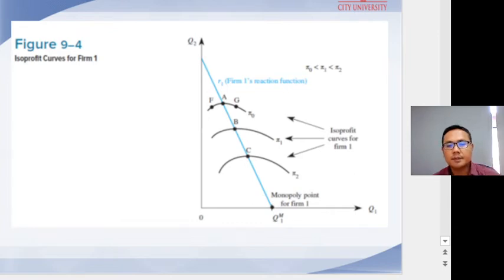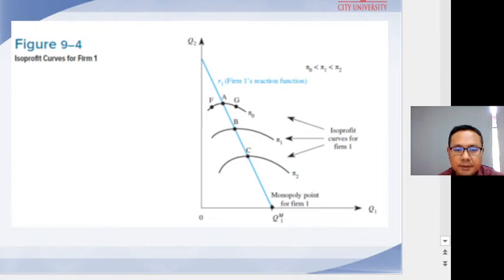Firm profit. Recall that the profit of a firm in an oligopoly depends not only on the output it chooses to produce, but also on the output produced by other firms in the oligopoly. In a duopoly, for instance, an increase in firm 2's output will reduce the price of the output.